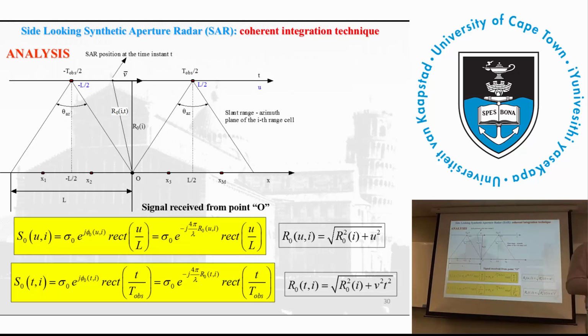And these two are linearly linked. So now u is equal to v times t, and you can express this as a t-u line, and the slope here is equal to v.